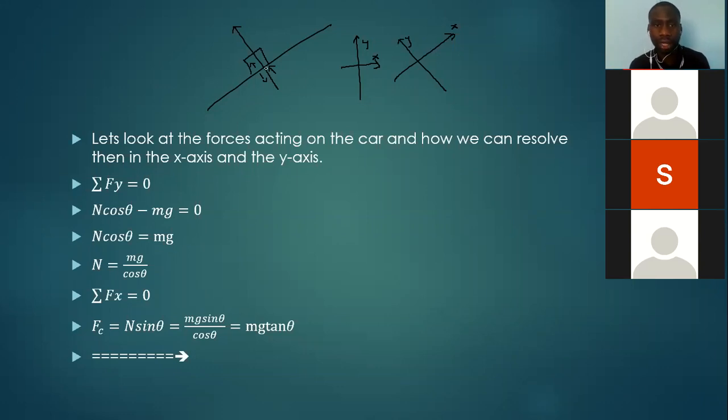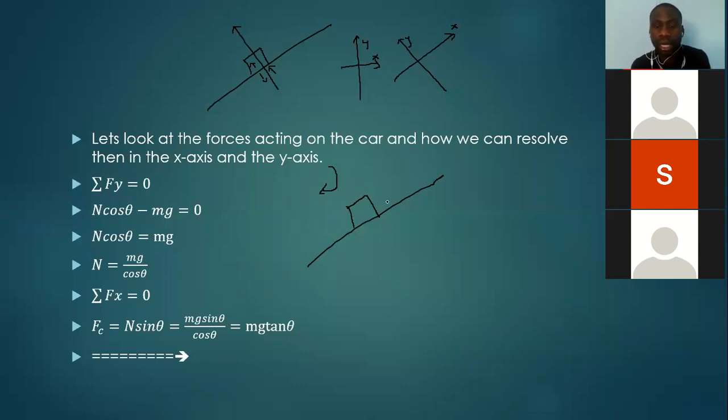So even here, in a case where we have a rotated axis like this, a rotated plane like that, where we have our car on that banked road, moving in a circular path, but we can't show it properly here. We'll just show this part.